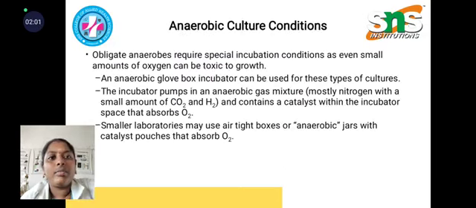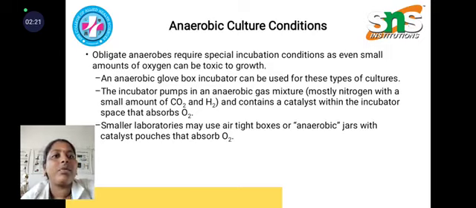Coming to the anaerobic culture conditions, obligate anaerobes require special incubation conditions, as even a small amount of oxygen can be toxic to the growth of these microorganisms. For this, an anaerobic glove box incubator can be used.